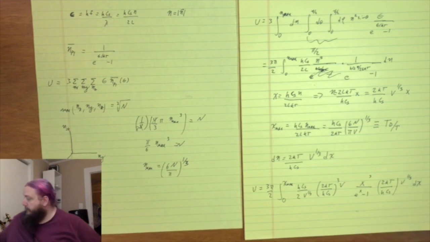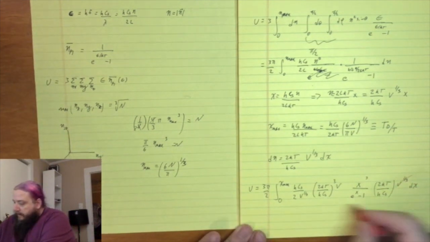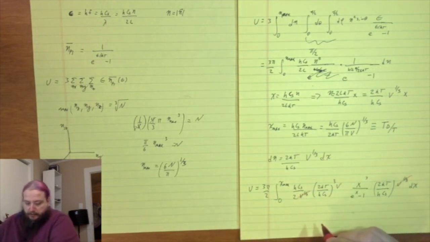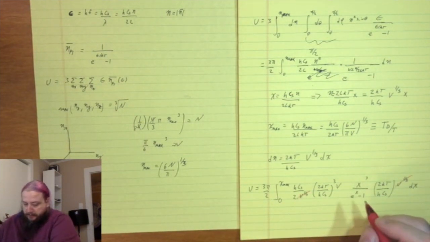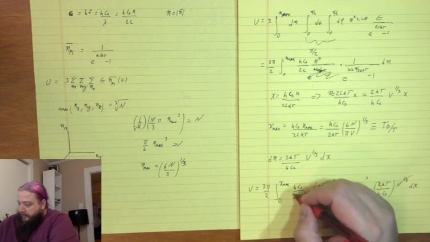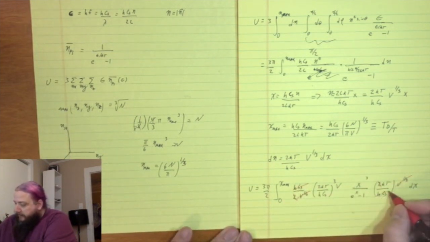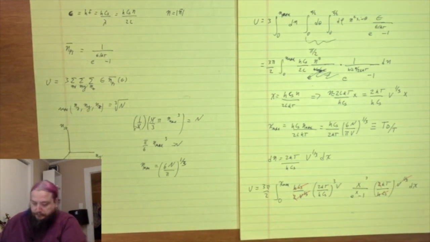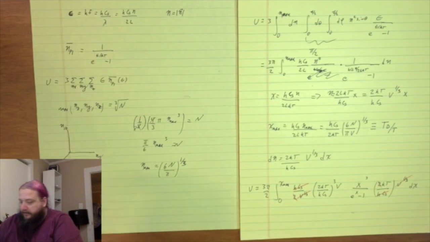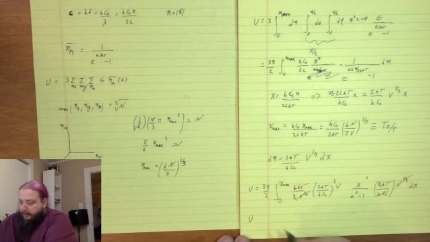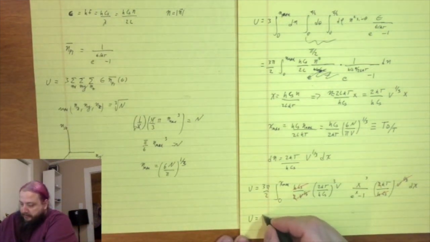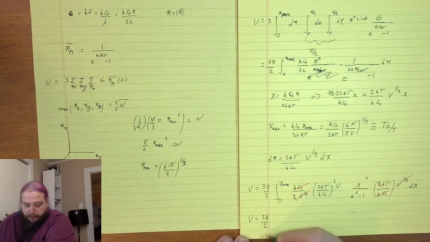This volume to the 1/3 cancels with that volume to the 1/3. This 2 here cancels that 2. The Planck's constant times the sound speeds cancel. And so what we're left with is, let's see, the same 3 pi over 2.